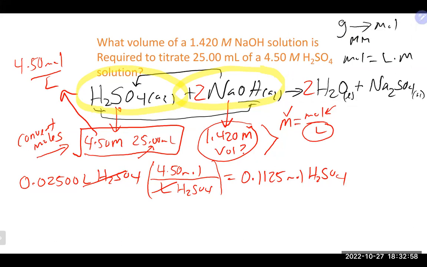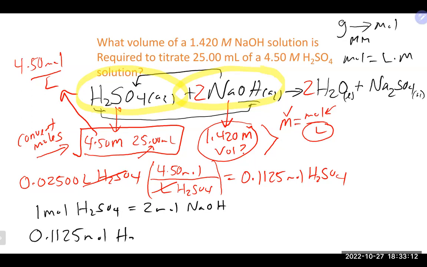That means that for every 1 mole of sulfuric acid, we have 2 moles of sodium hydroxide. So we'll take our number, which is 0.1125 moles of sulfuric acid. Using the stoichiometry here, we get 2 moles of sodium hydroxide to 1 mole of sulfuric acid.